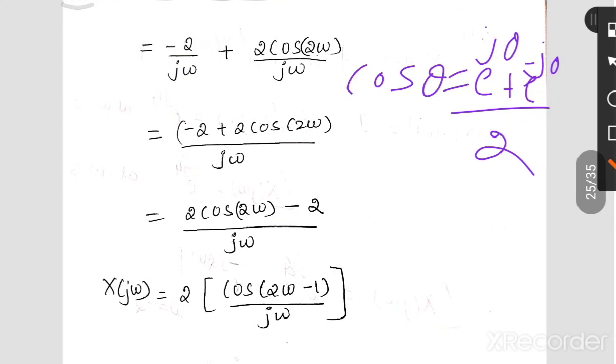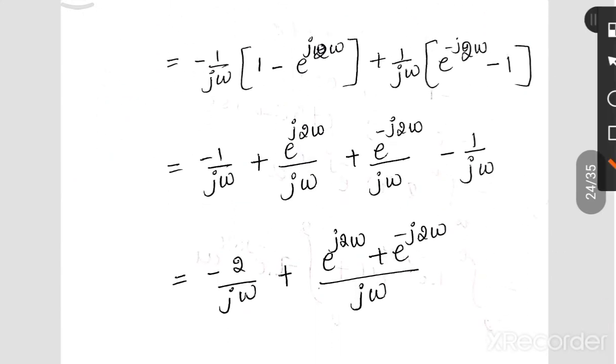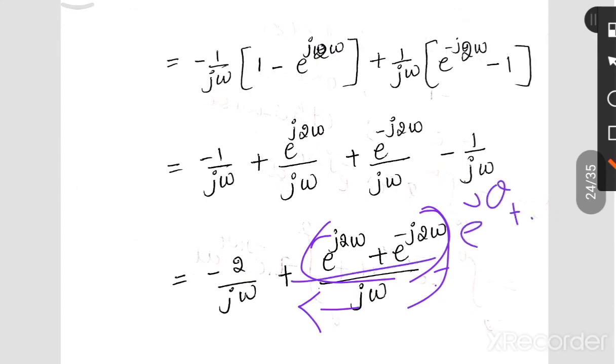This is the formula for us. So just compare with that. I can take j omega outside, then compare with only this term, that is e raised to j theta plus e raised to minus j theta. It will be nothing but 2 cos 2 omega.